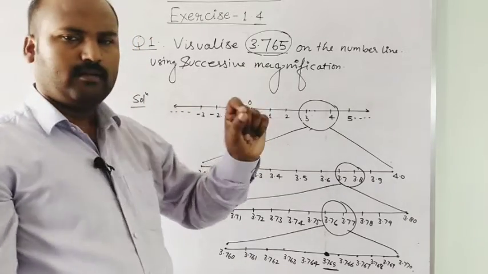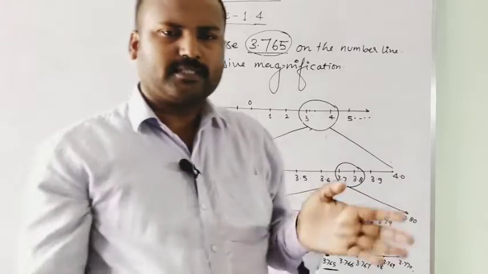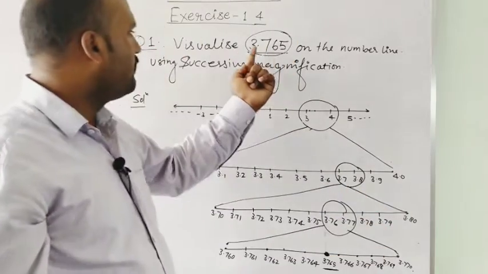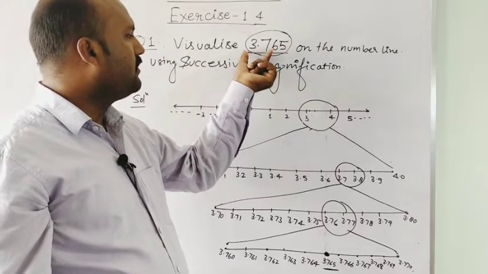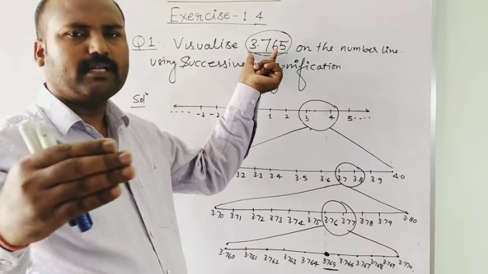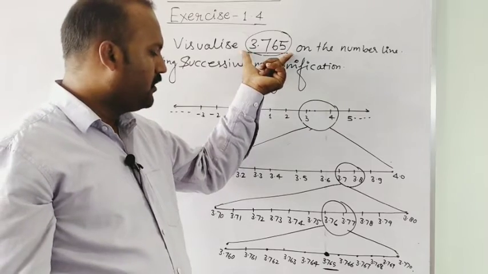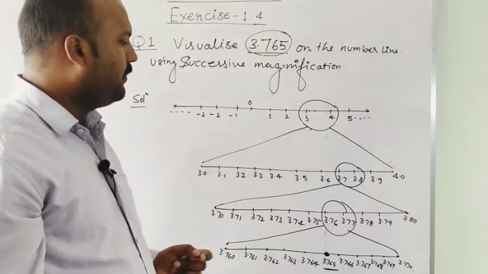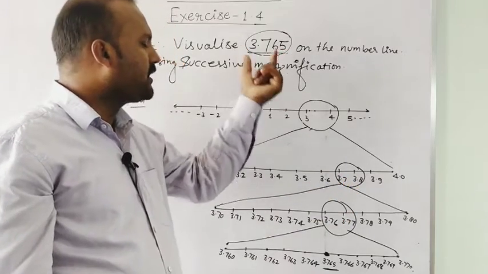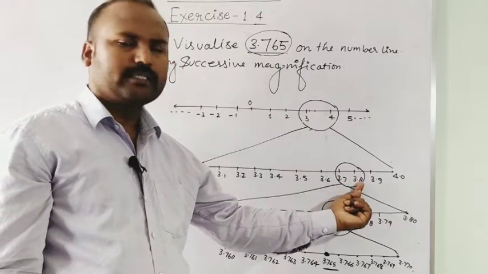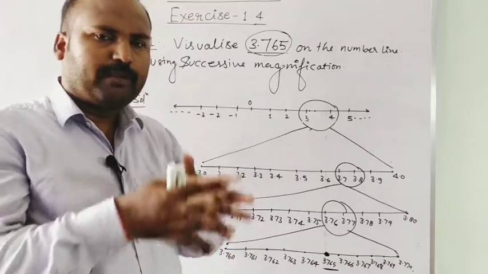If we compare only the first decimal place from the left, you will get that this number lies between 3.7 and 3.8. You can easily compare it. So we have to magnify this interval.